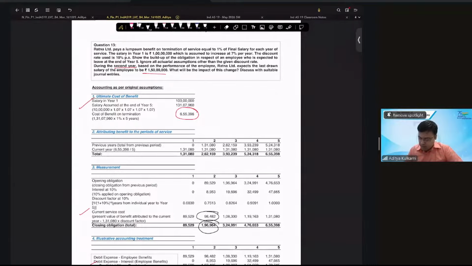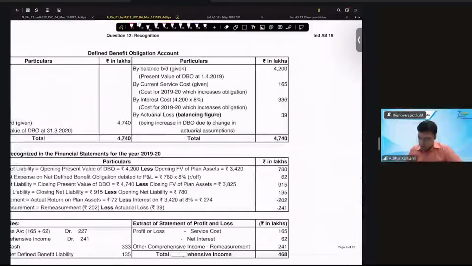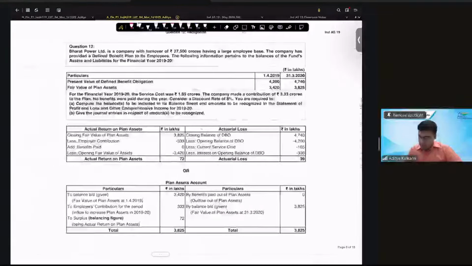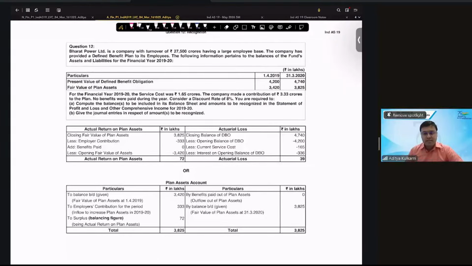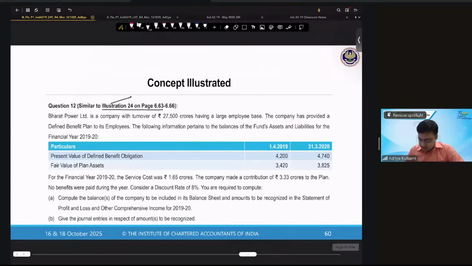This is our question that we are now going to do. Company, present value, everything is the same. Obligation, fair value, format is exactly the same. Only figures have changed. So my suggestion, we will go through this question. You will do the ICAI illustration by yourself, as homework. Concept I have explained. Similar question I'm doing.